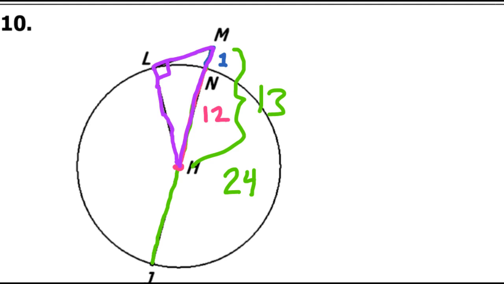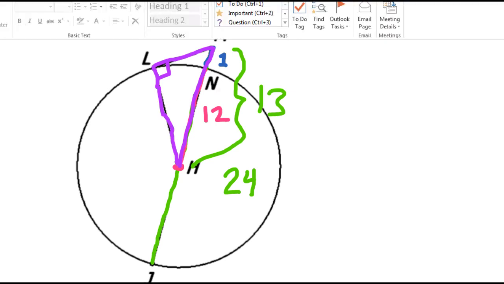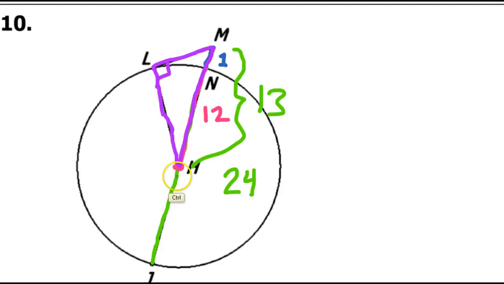Okay, there's something else that we need to recognize. You know how the radius is 12? The radius is the same in all directions, no matter where you draw it. So I have a radius of 12 that I showed right here, but for example, down here is also a radius of 12, right?